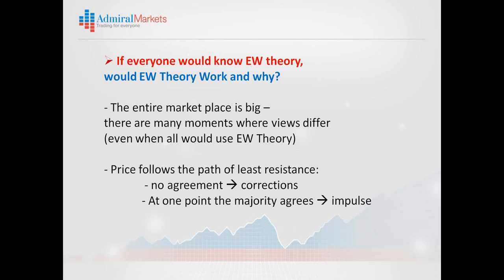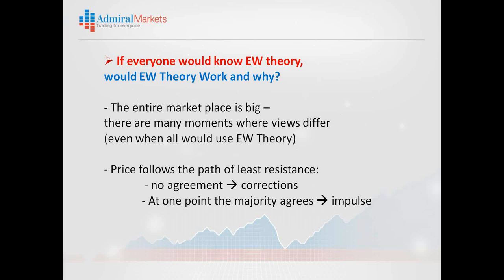Picture yourself in your apartment or your house or wherever you live, and when you go to the bathroom, for example, you choose the path of least resistance. We don't think about it often. Of course we know it. But the architect of our house built walls and doors, and we're not walking through the wall to get to the toilet. We choose the path of least resistance, which is to walk through the door and open the door first. Same is true for the currencies.